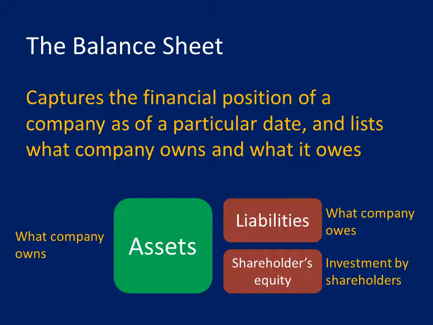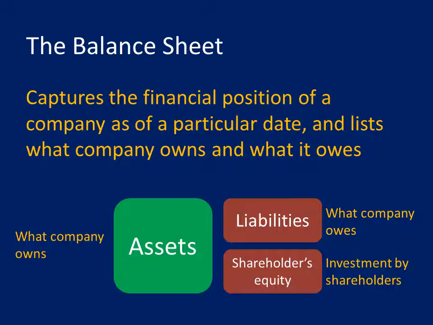It captures the financial position of a company as of a particular date and lists out what the company owns in assets and what it owes in liabilities. The balance sheet has three parts, namely assets, liabilities, and shareholders' equity. Assets define what the company owns, liabilities define what it owes outside the company, and shareholders' equity means how much shareholders have invested in the company.